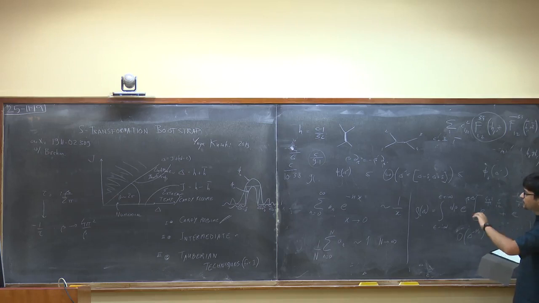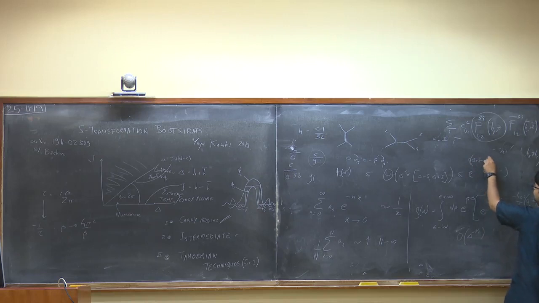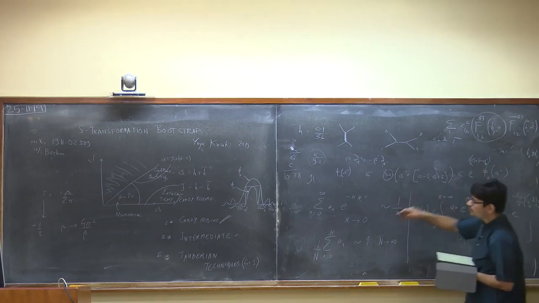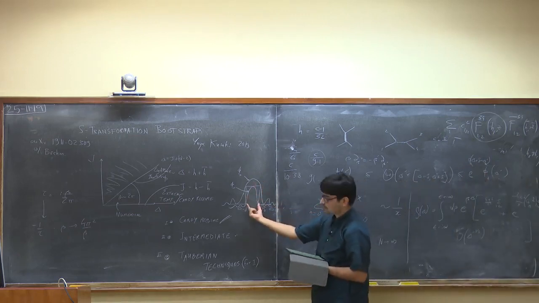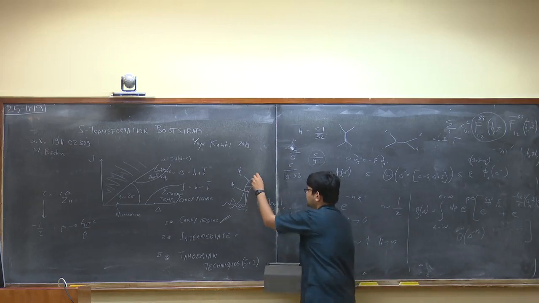Now one can trivially multiply this in this range. It is trivial to see that if I multiply by e to the power beta (delta minus delta prime), this is an exponent which is positive, greater than 1, within this range. It's like some function like this, and this is 1.